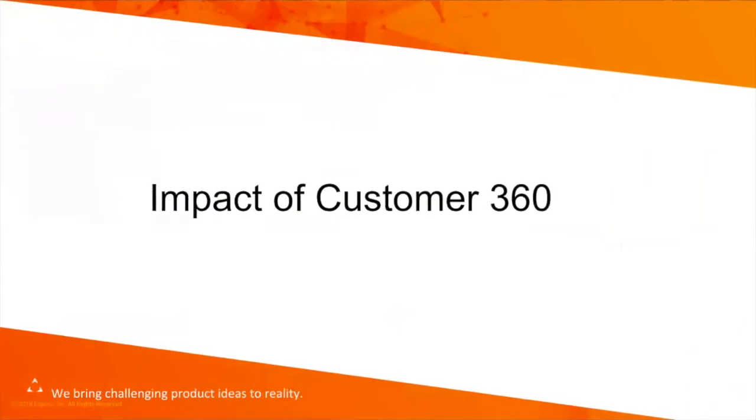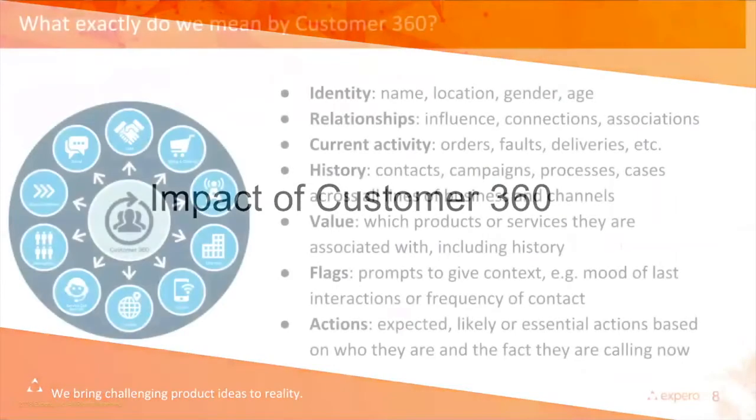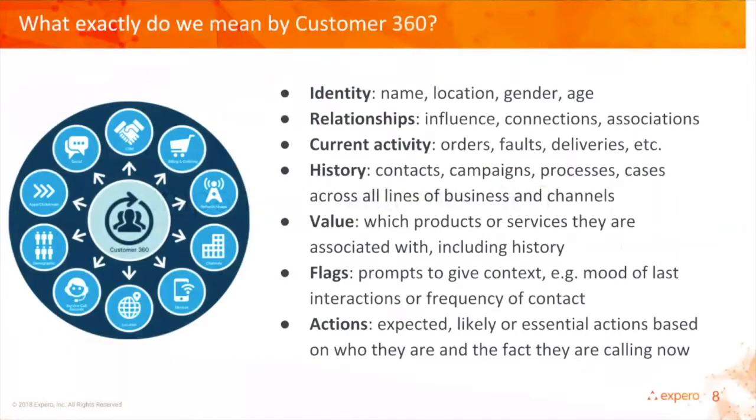So let's dig into the problem at hand, Customer 360. What exactly do we mean? Everybody's here to learn about it today, or you have some context, but just a level set. What do we really mean when we're talking about Customer 360? That really means any number of the items here.